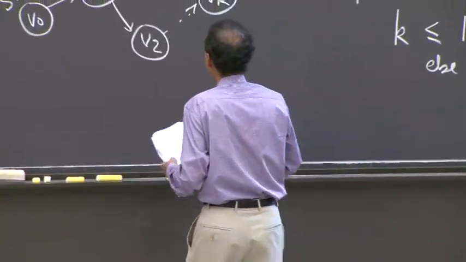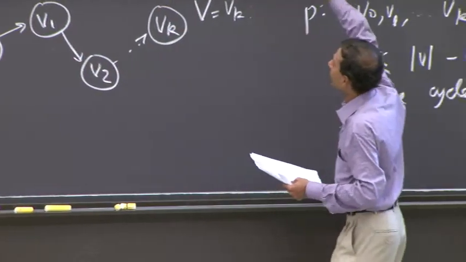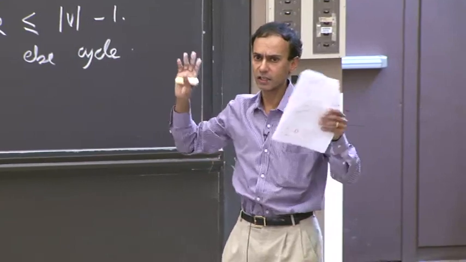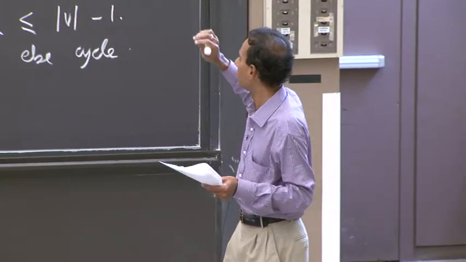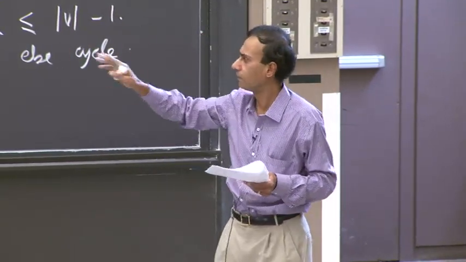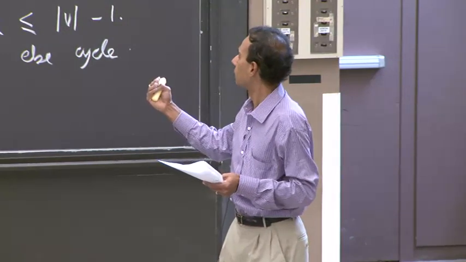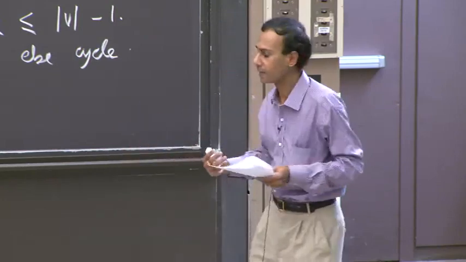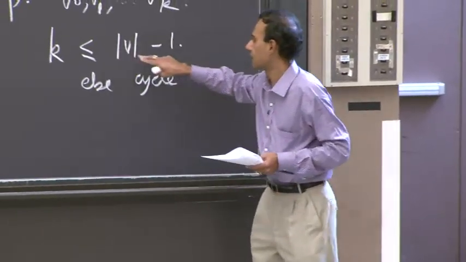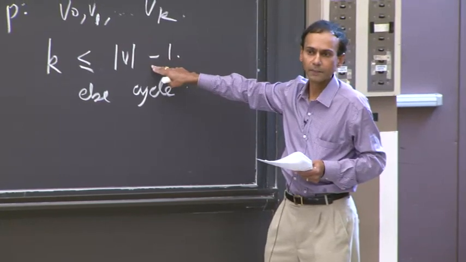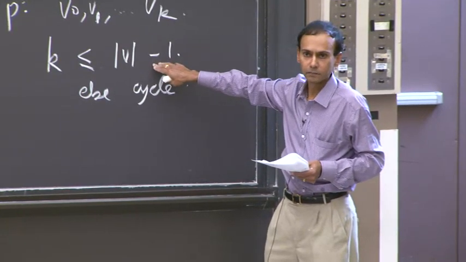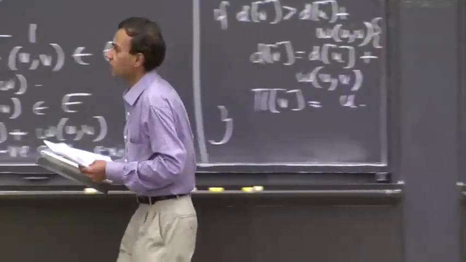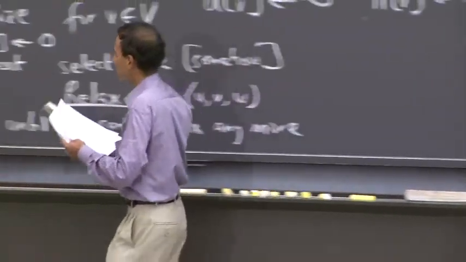I'll get back to that, but in the case where we're trying to prove the theorem, we can assume that no negative cycles exist, and we want to show that Bellman-Ford correctly computes each of the shortest path weights. In that case, we're guaranteed that K is less than or equal to V minus 1. All right? Everybody buy that? Good. All right, so that's the picture I want you to keep in mind. Let's dive in and prove this theorem.